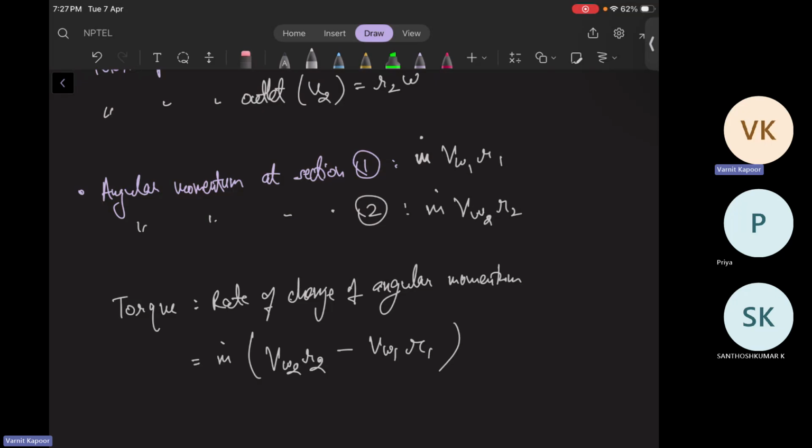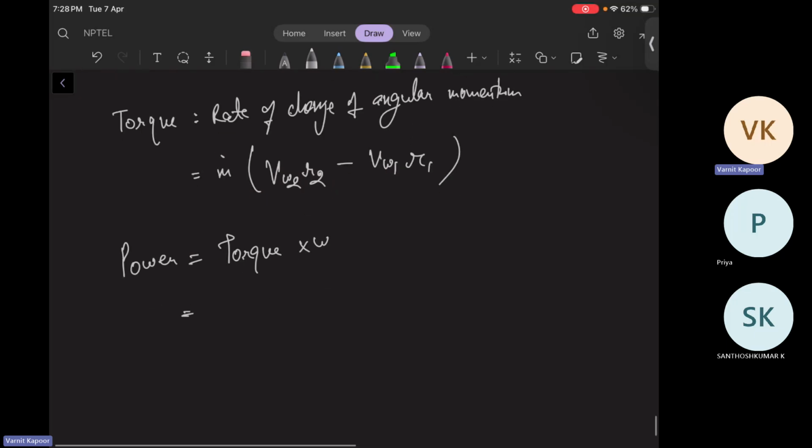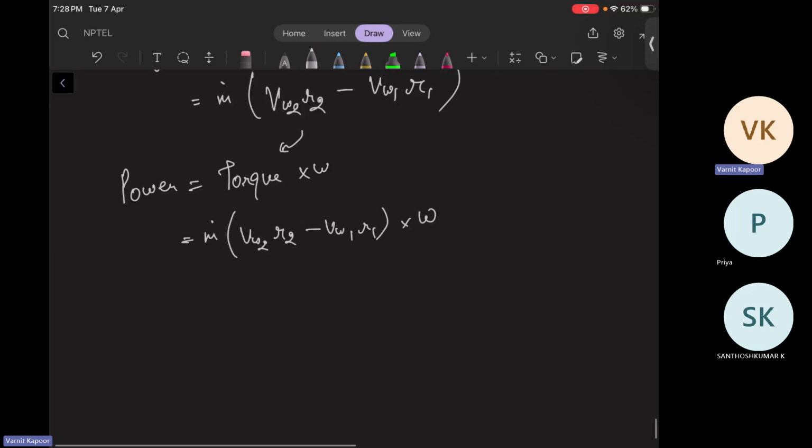If I want to get the power, it is nothing but torque times omega, torque times angular velocity. So put this: mass flow rate times (VW2 R2 minus VW1 R1) times omega.